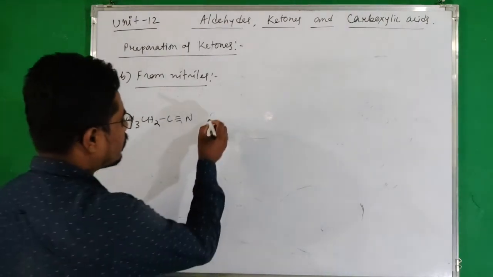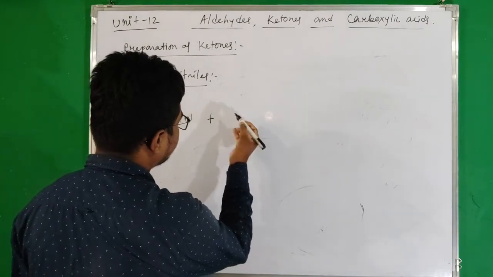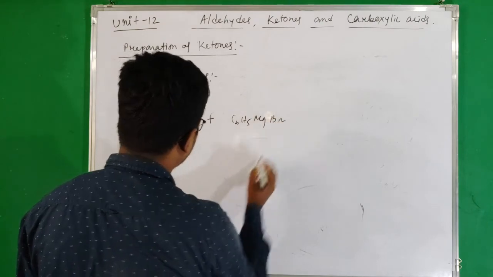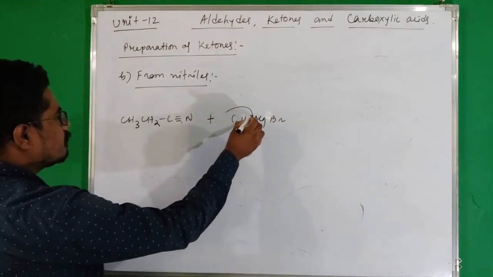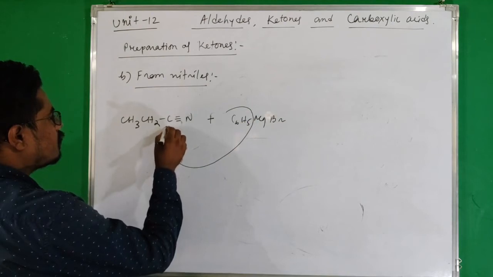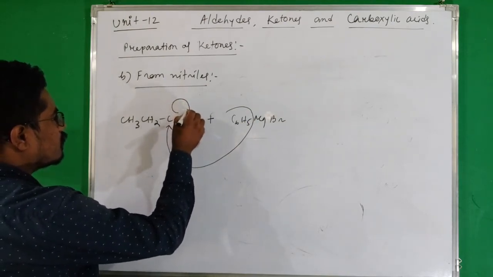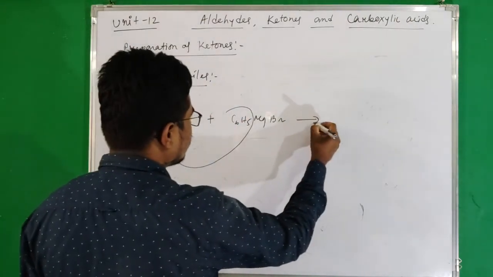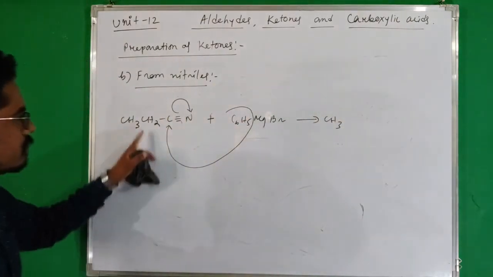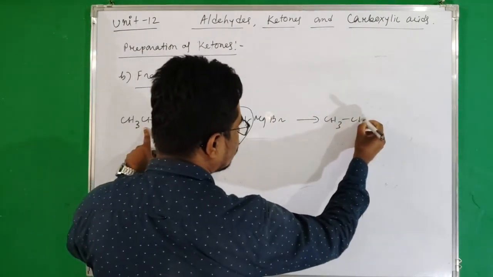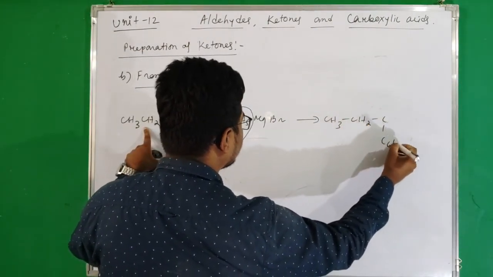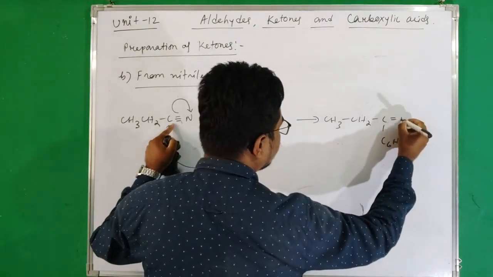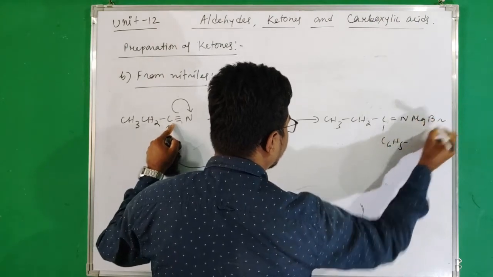So when propane nitrile reacts with this Grignard reagent, suppose C6H5MgBr, then this C6H5 group will attach with the carbon atom, and one electron pair will move to the nitrogen atom, resulting in CH3CH2, C6H5, one carbon nitrogen double bond, and then MgBr.